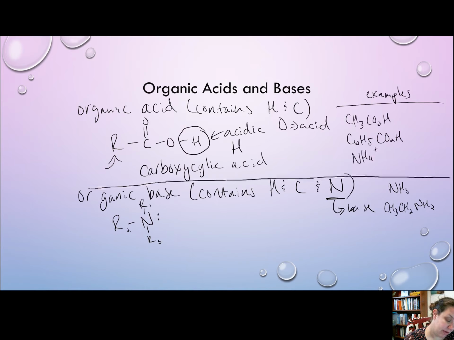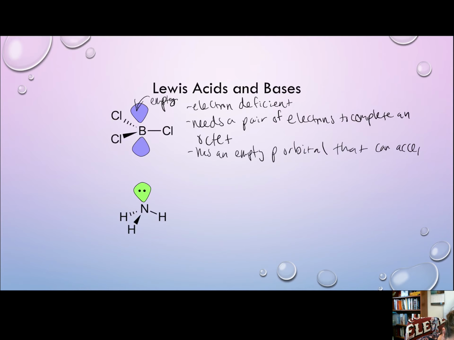So this empty p orbital can accept electrons. Okay. And if it has an empty p orbital, it's considered a strong Lewis acid.